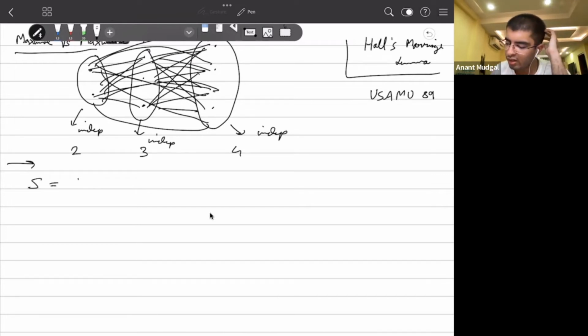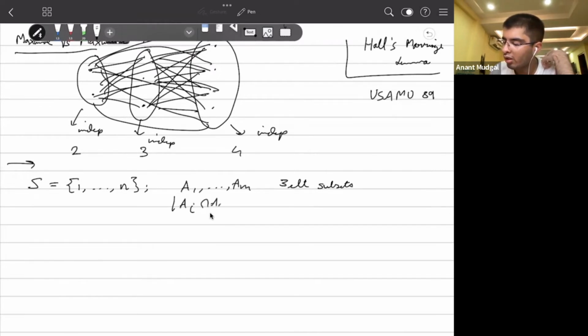Let's say you have a set S of size n, and you have 3 element subsets A1 to AM. You don't know what M is. You know that Ai intersection Aj is at most one element.